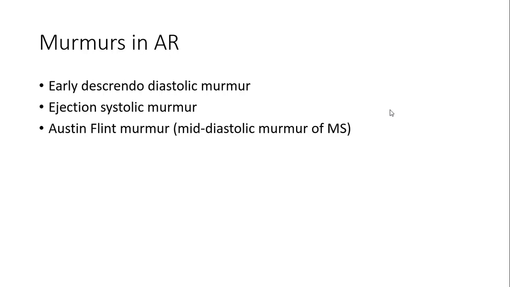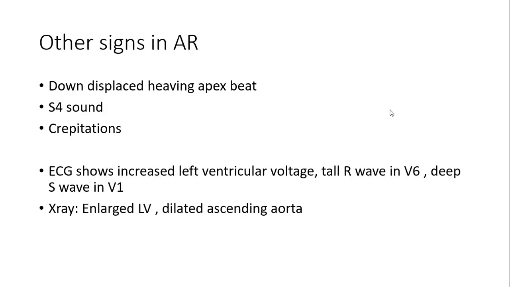There are other signs that can be seen in the patient with aortic regurgitation. One can feel the apex beat, that is displaced and heaving. In later cases of aortic regurgitation, we can hear an S4 sound.